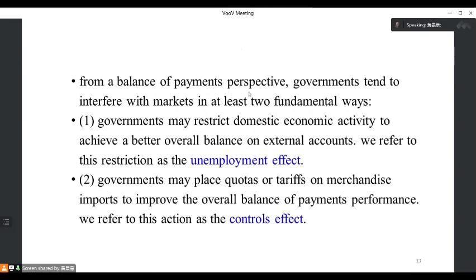From a balance of payments perspective, governments tend to interfere with markets in at least two fundamental ways.